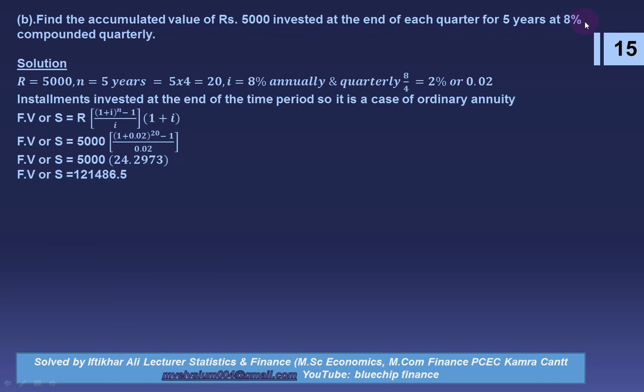This 8% represents the yearly interest rate, and when it is divided by 4 it will become 0.02. So R is 5,000, N is 20, and the interest rate is 0.02. Because it is mentioned here that it is invested at the end of each quarter, it is the case of ordinary annuity. So the formula for ordinary annuity is given here: R multiplied by (1 plus I) raised to power n minus 1, over I.